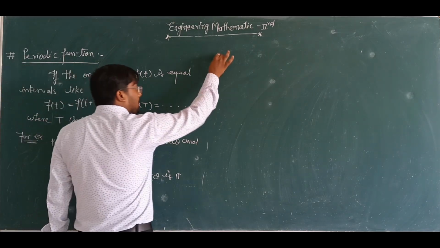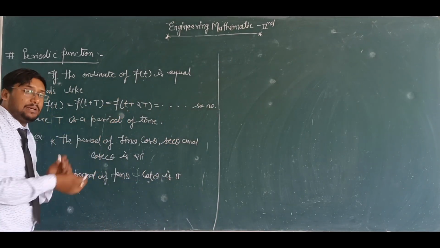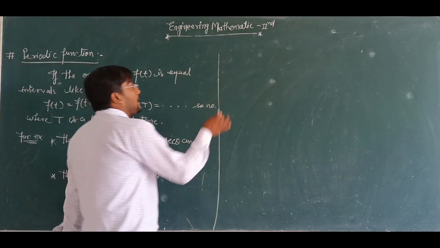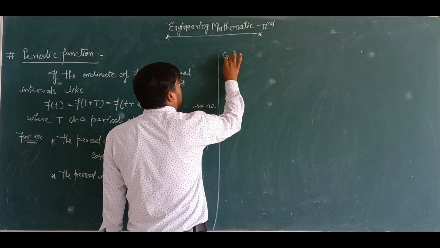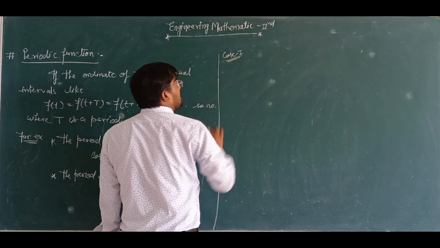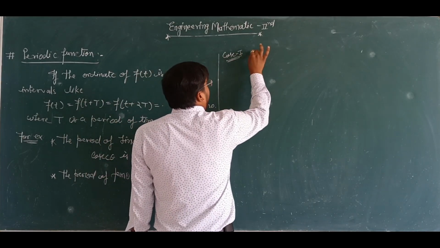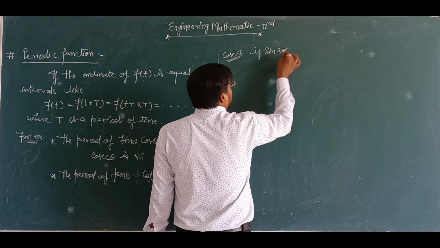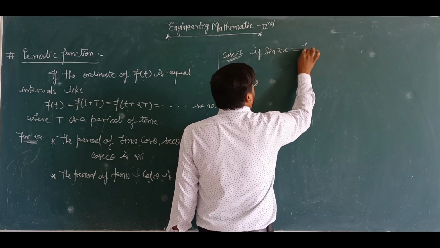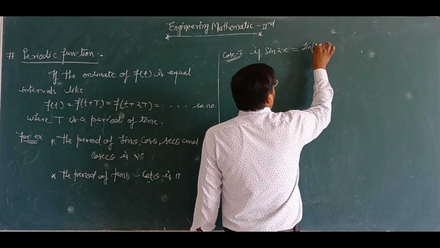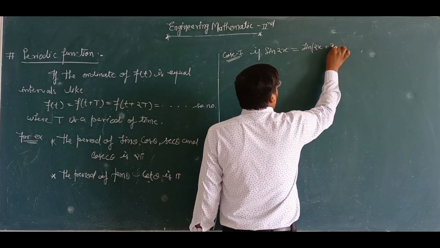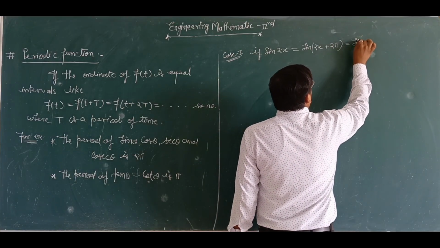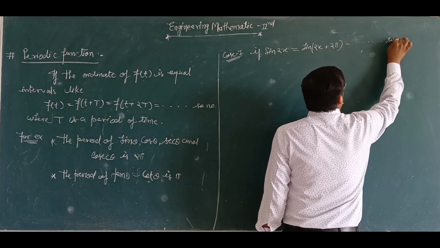You can solve some examples related to the time period of sine, cos, sec, and tan. Case number first: sine 2x. You can write sine of 2x plus 2 pi, and so on.